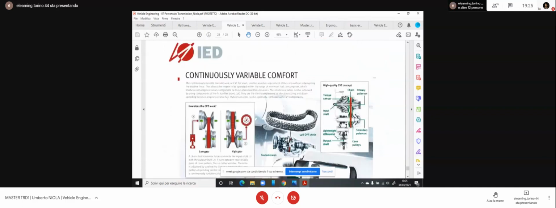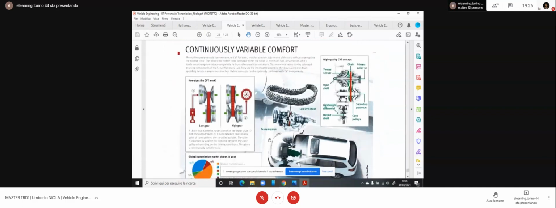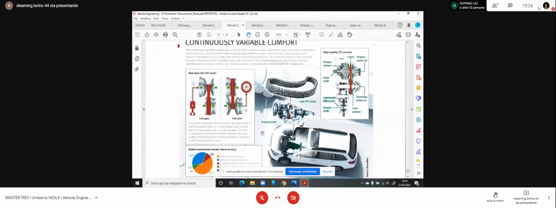Okay. But will it slip a lot if the torque is too big? Yes, more or less, this is not as efficient as gears. Anyway, you have more losses in power. Okay, thank you.